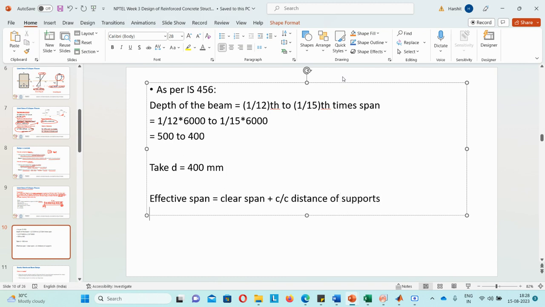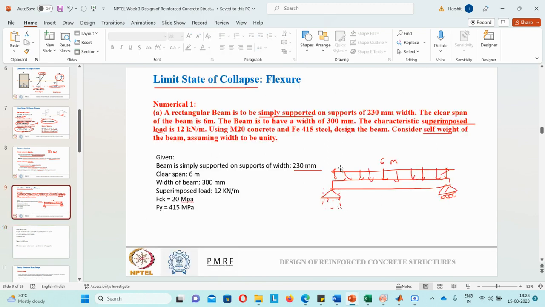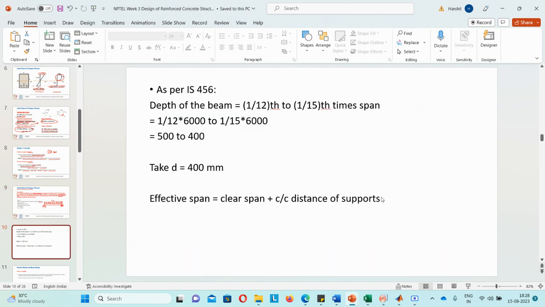This is a general step of how effective span is calculated. When we are calculating the net moment acting on the beam, we go from the center of the support till the center of the other support. So that will be clear span plus edge to center distance of this support plus edge to center distance of the other support. In that total length, we assume that the load is acting. So what value will it be?